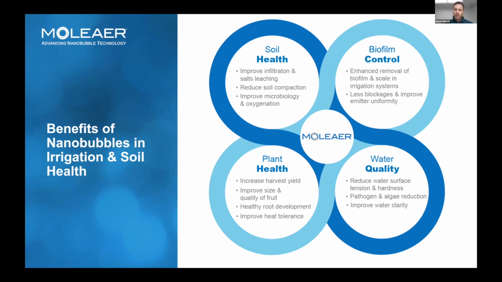And then plant health as well, just really sound principles of, once we provide the plant with adequate oxygen, improved water and nutrient distribution, root health is improved, root mass and capillary root development is improved. And as a consequence, nutrient absorption is more efficient and the plant is less stressed.